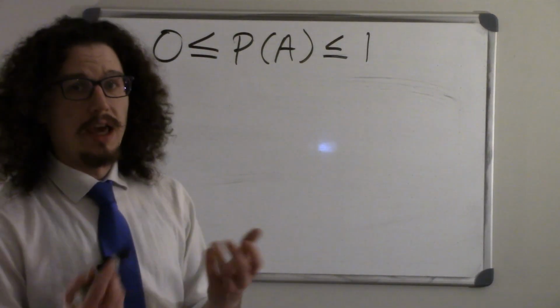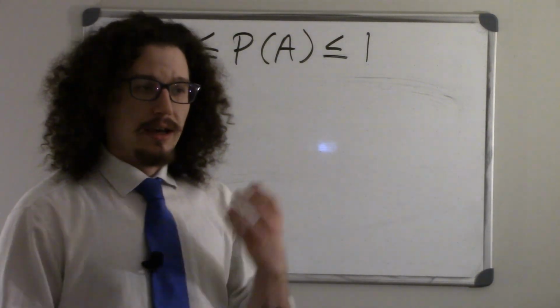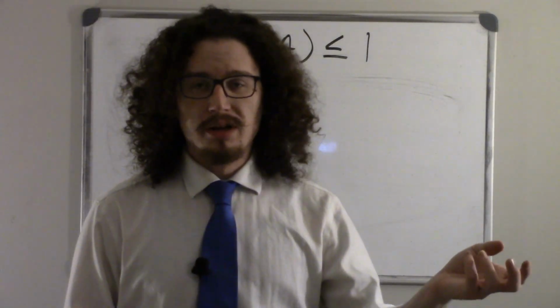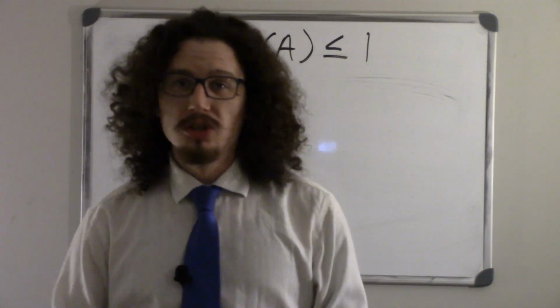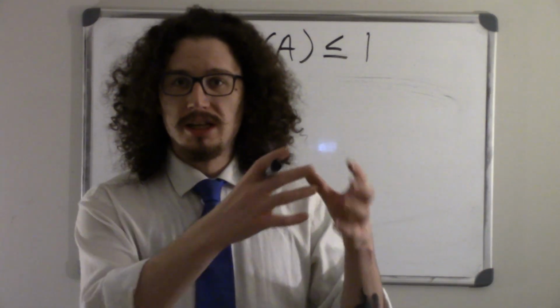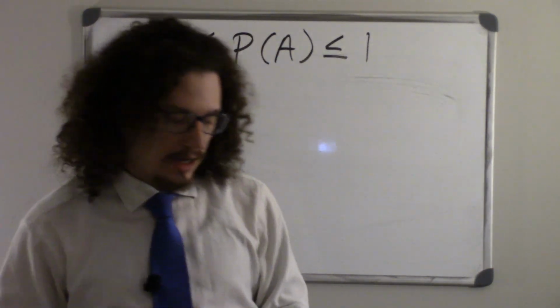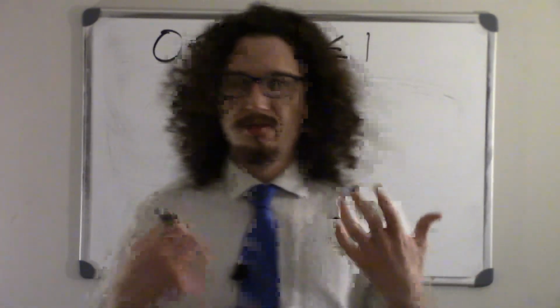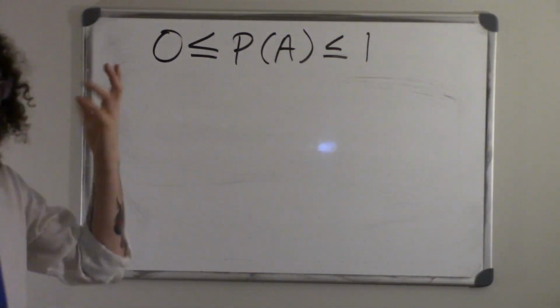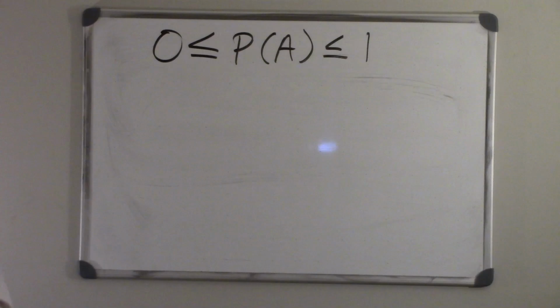So this can help us catch those little mistakes. Maybe we just punched something wrong into the calculator. Maybe we forgot to include something when we were trying to get the number of outcomes in our event. Whatever it is, just checking on these little laws of probability can help us prevent those types of mistakes.